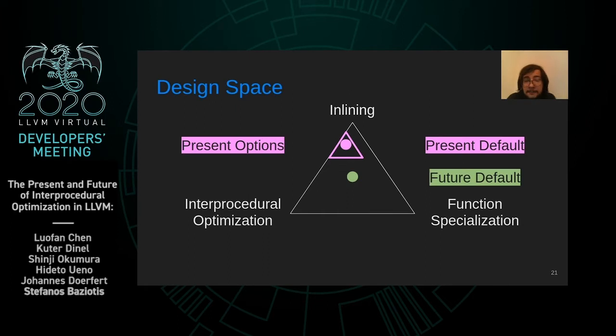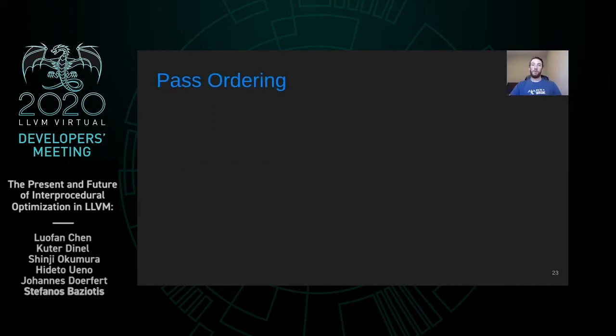And in the future, I believe we would have better coverage of the potential of the IPO, right? So we have inlining, and for better interprocedural optimizations and function specialization, I believe that the attributor can do the heavy lifting.